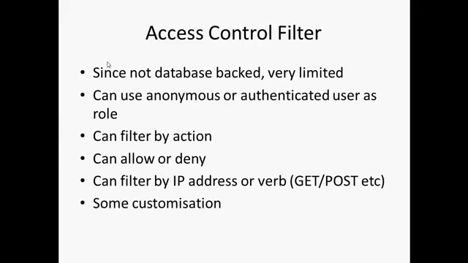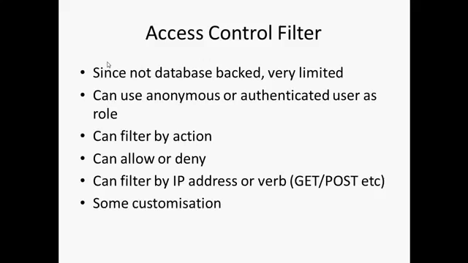So even though we've now added the ability to have users in a database, and even though they have a static role assignment, the access control filter really is a very basic system, and you've seen it at the top of some of your controllers. It can basically question things like, is the user anonymous or are they authenticated?